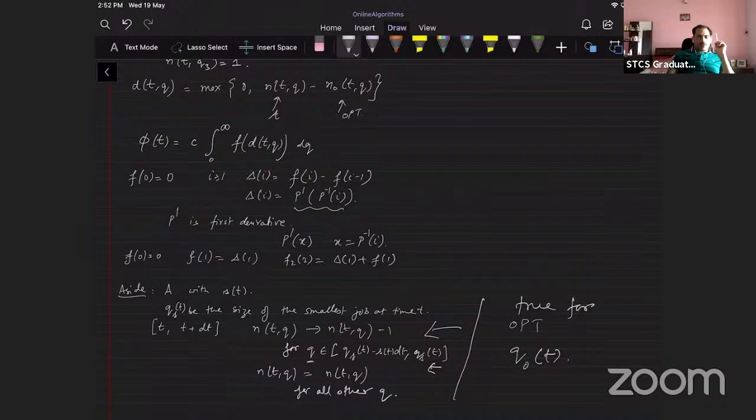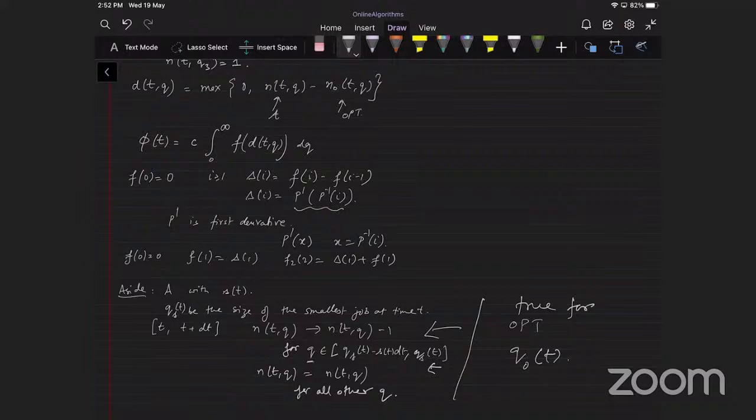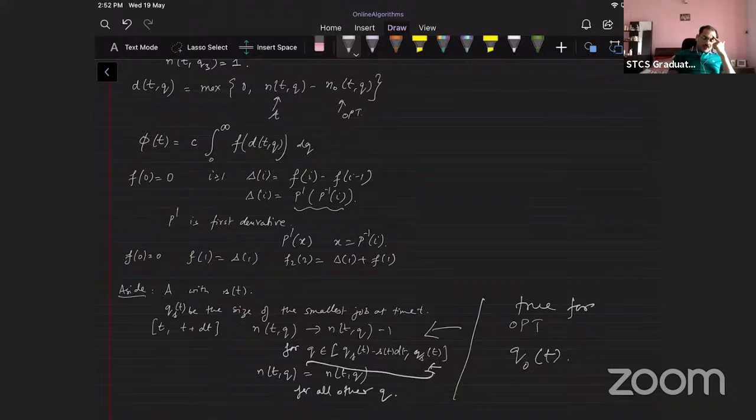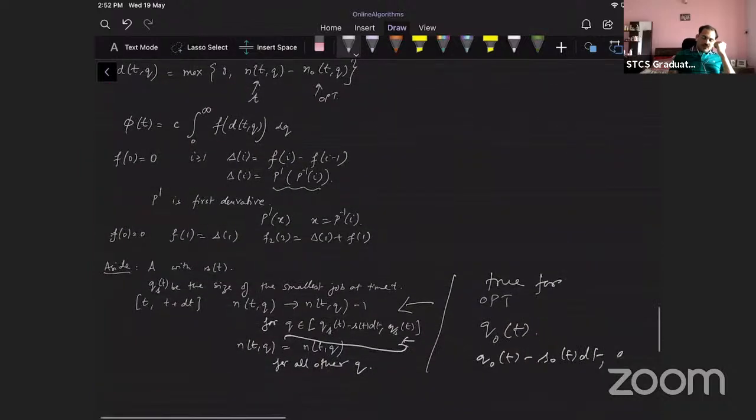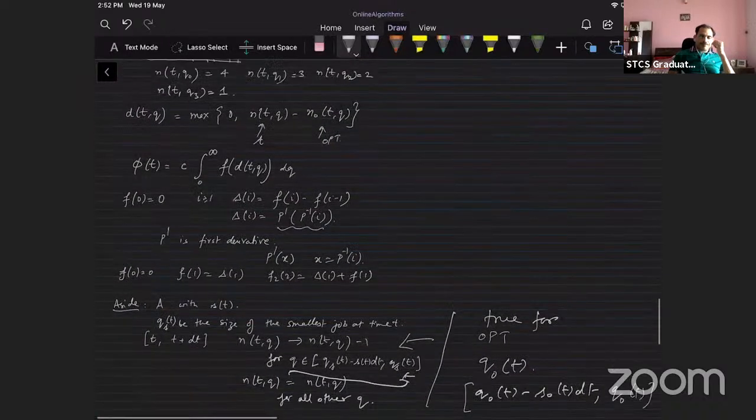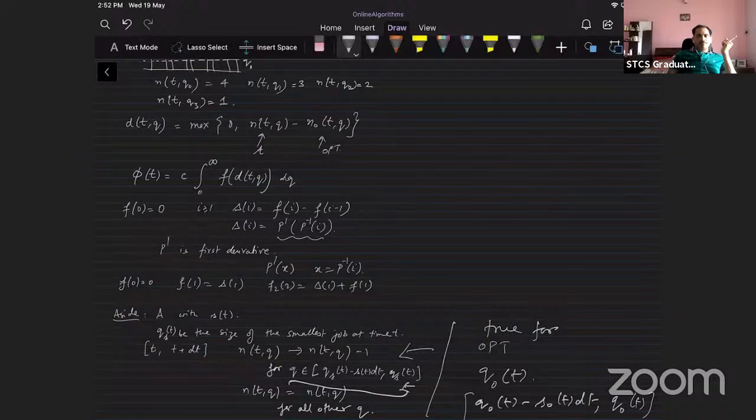So what is N(t,q) and N(t plus dt,q)? The only change is for the algorithm for these values of q, and similarly for the OPT for Q_0(t) minus S_0(t) dt to Q_0(t). There is no other change. So you will get one term for the algorithm and one term for the OPT, but both will be in terms of delta of something. Is at least that much clear? We'll do this formally.